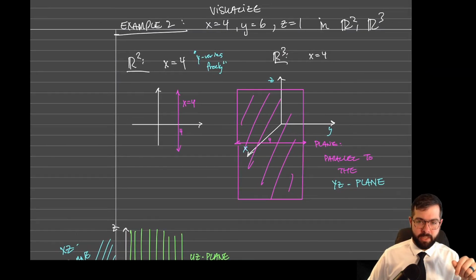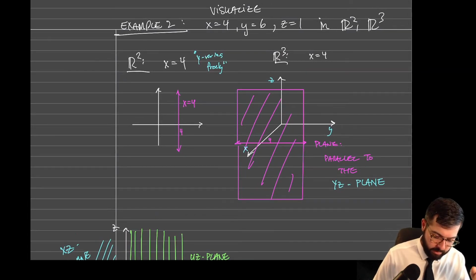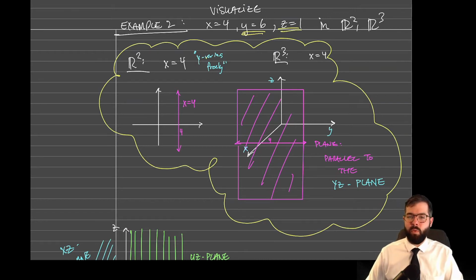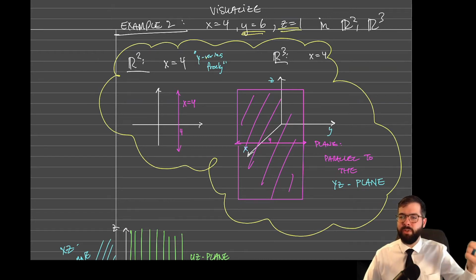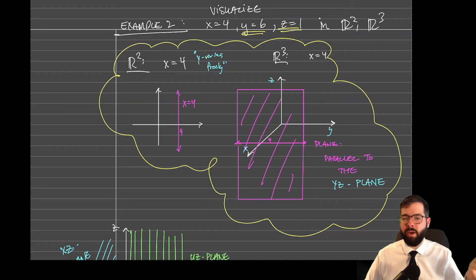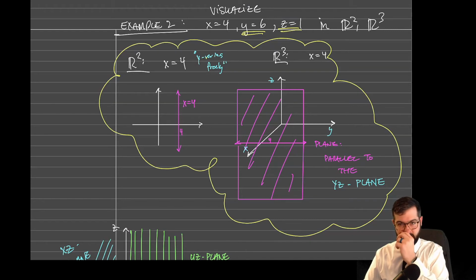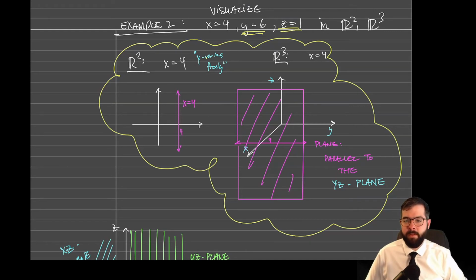So what I'd like you to do is, with this as your template here, do this for y equals 6 and z equals 1. What do these things look like in R2 and then R3 if they're parallel to a plane? Tell me which one that is. So I'll give you a minute or two to do that.